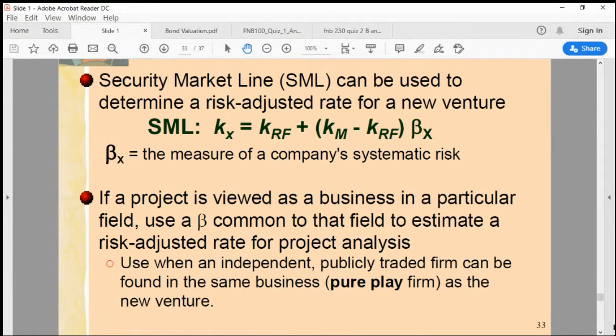If a project is viewed as a business in a particular field, use the beta common to that field to estimate a risk-adjusted rate for project analysis.